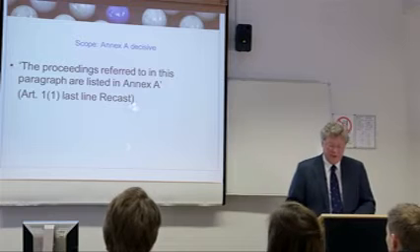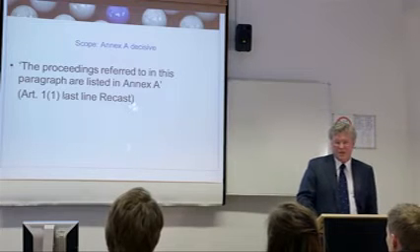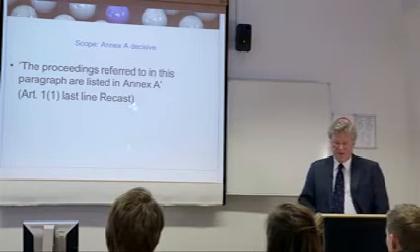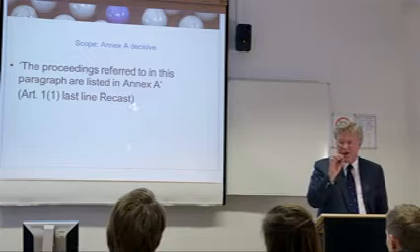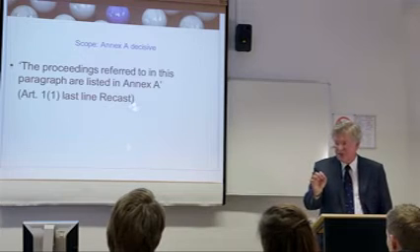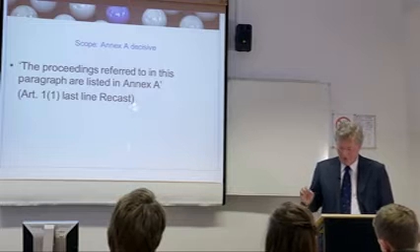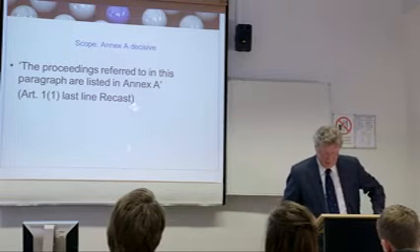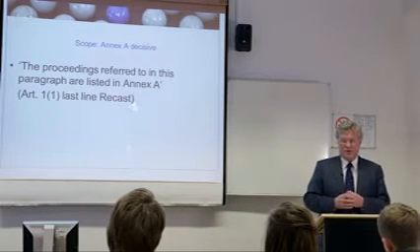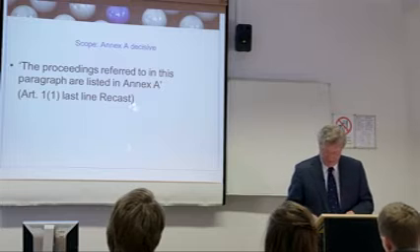And the recast is very clear. It puts in the text of the regulation itself the proceedings which are under the scope, those 8, should be listed in Annex A. So no quarrel about that. The second issue is jurisdiction, the power of the court to take decisions.